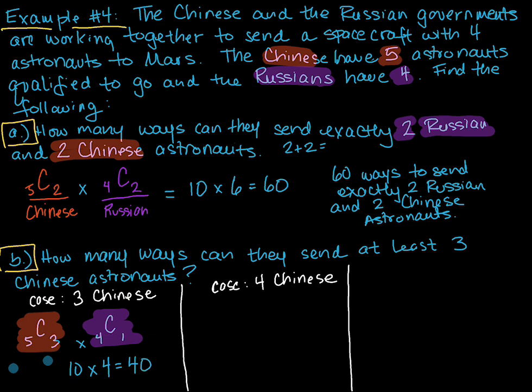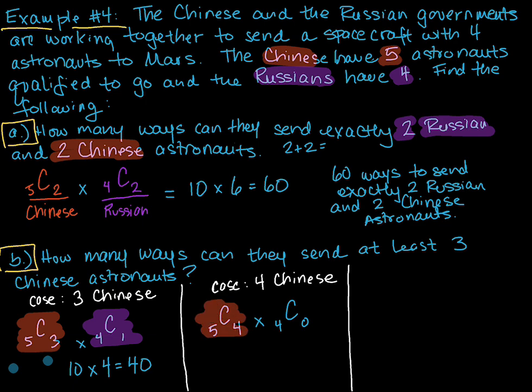And for the next case, we're doing 5 choose 4 for the Chinese, and for the Russians, we actually don't have any room for them. So of the 4 Russians, we're not choosing any of them.